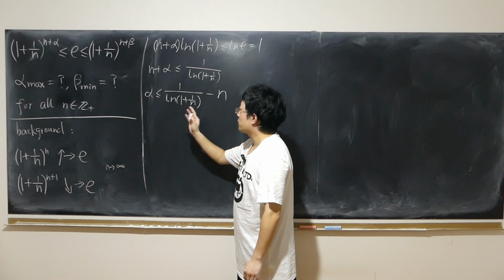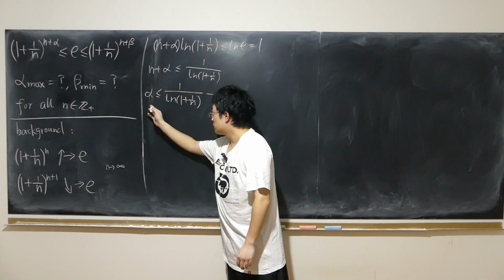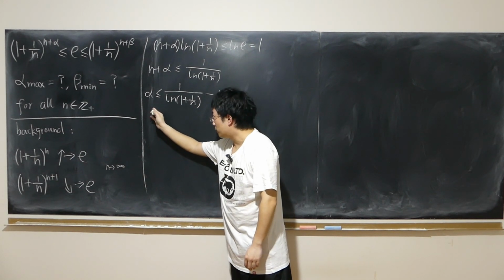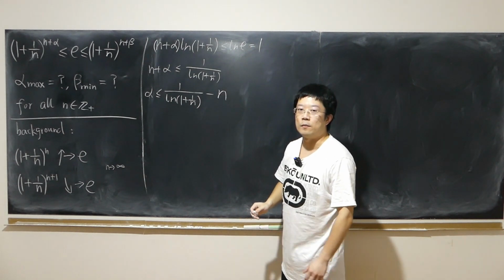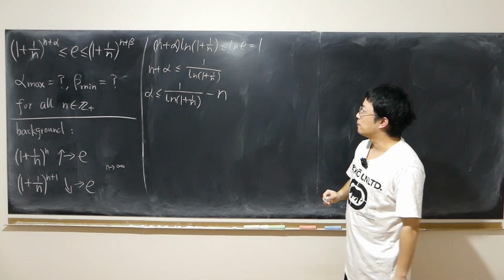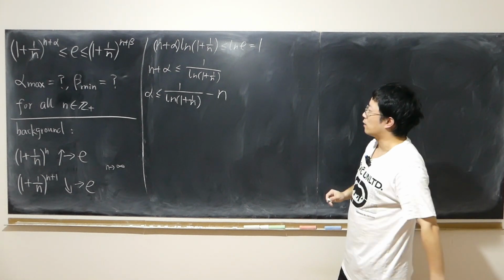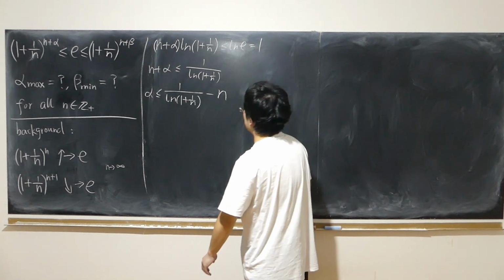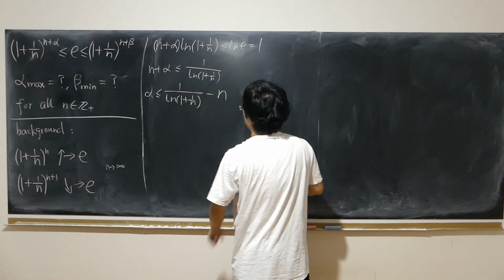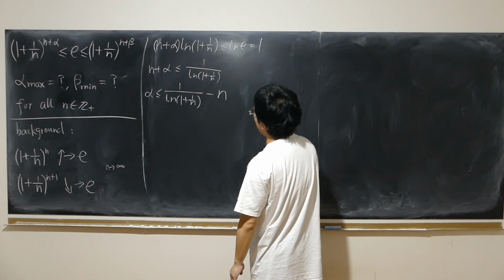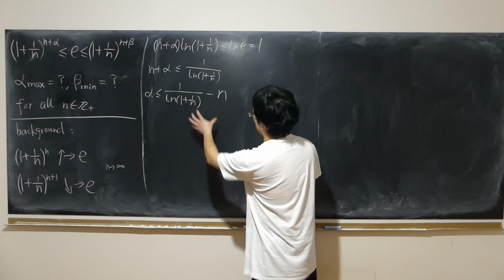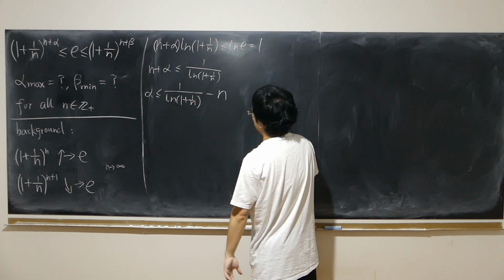So the maximum lower bound, the greatest lower bound, that's the infimum. Definition of infimum is the greatest lower bound, if it has a lower bound. Does it have a lower bound? That's my question.